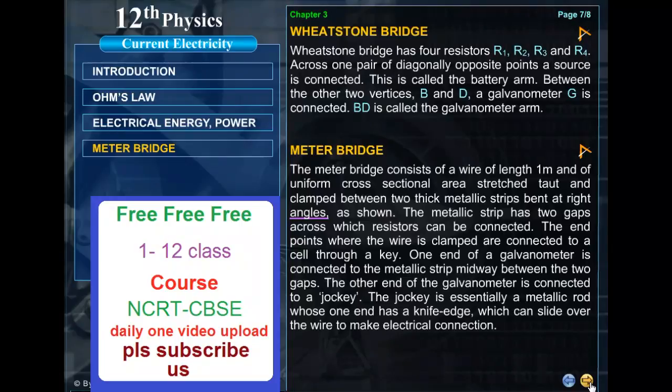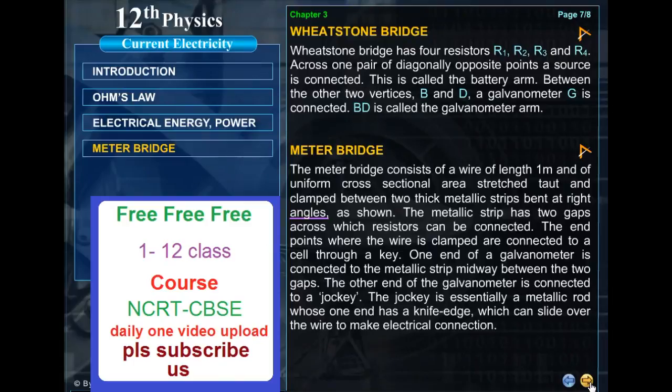The meter bridge consists of a wire of length 1 meter and of uniform cross-sectional area stretched taut and clamped between 2 thick metallic strips bent at right angles as shown. The metallic strip has 2 gaps across which resistors can be connected. The end points where the wire is clamped are connected to a cell through a key.